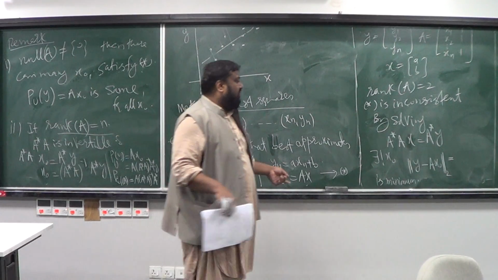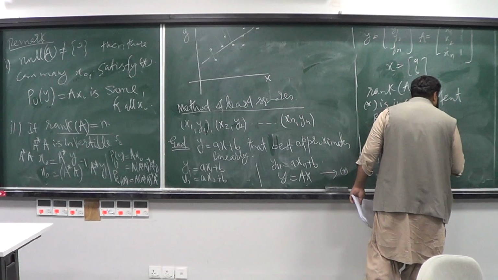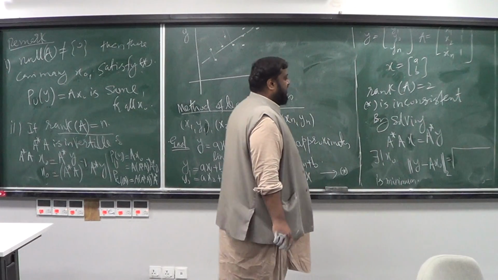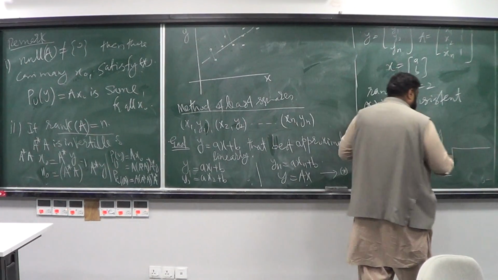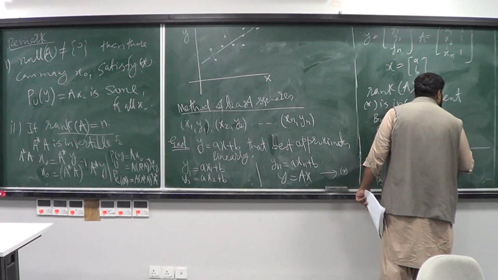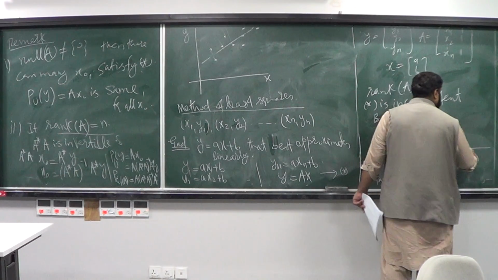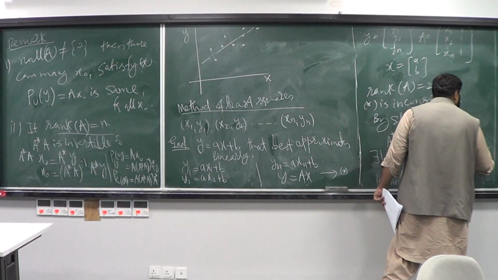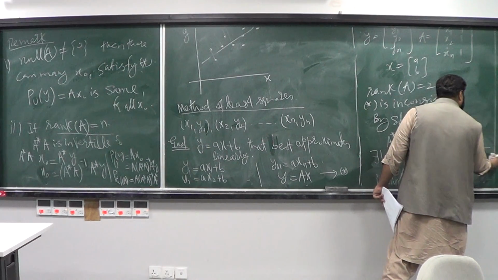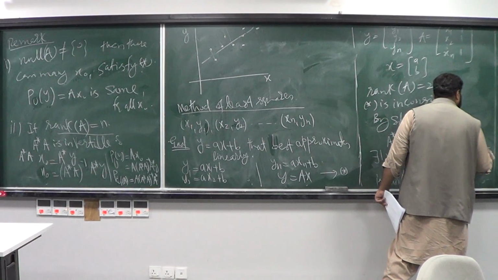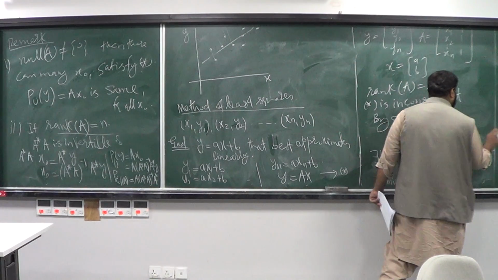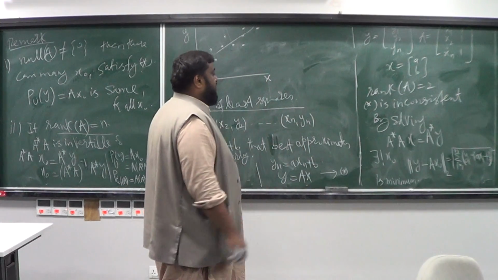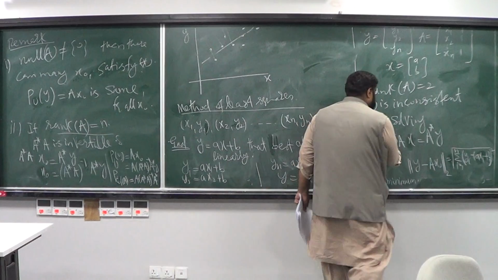So what would this distance be if you want to write it explicitly? It is the square root of the sum from i equal to 1 to n of (yi minus (a xi plus b)) squared.